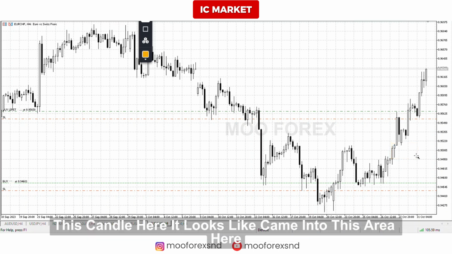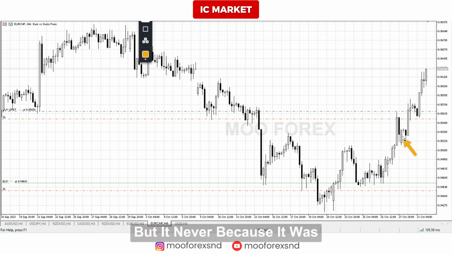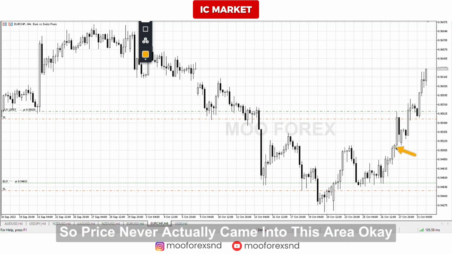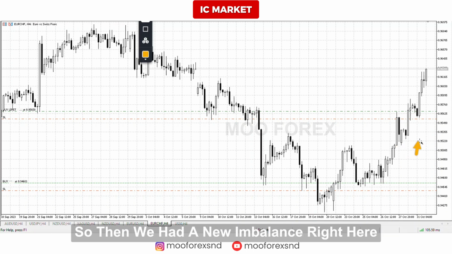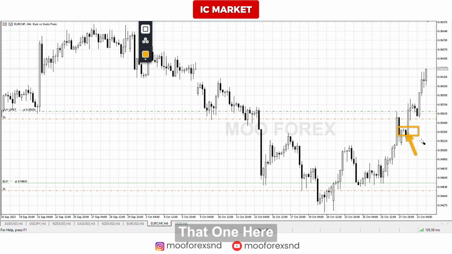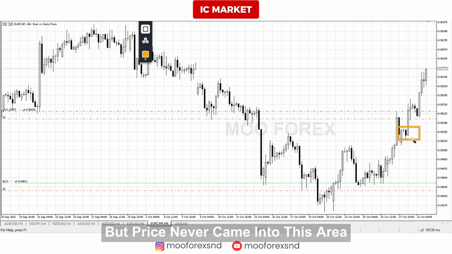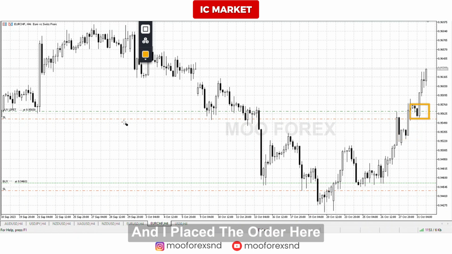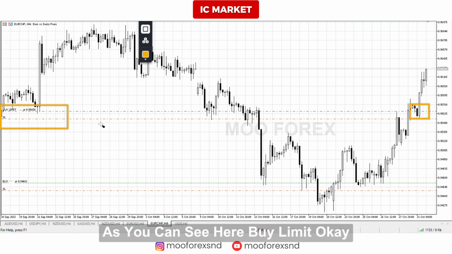This candle here looks like it came into this area, but it never did, because it was just a spread when the market opens. Then we had a new imbalance right here, but price never came into this area. Then we have another imbalance here, and I placed the order here, buy limit.